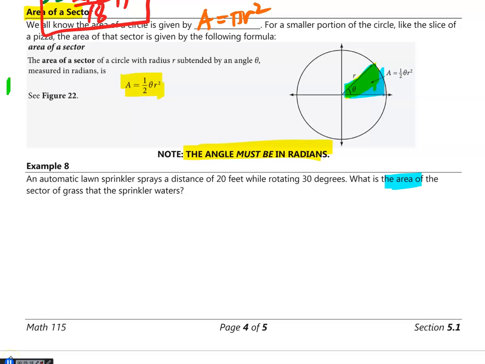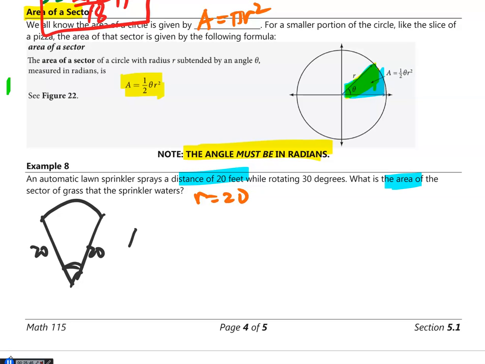The distance of 20 feet means the radius is equal to 20. So it looks like this, the radius is 20, and we want to find this area.